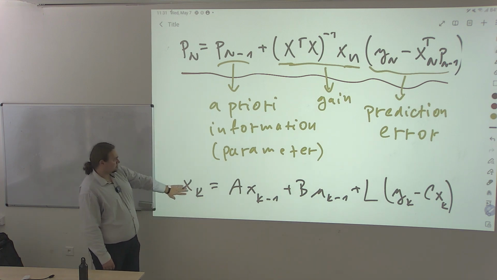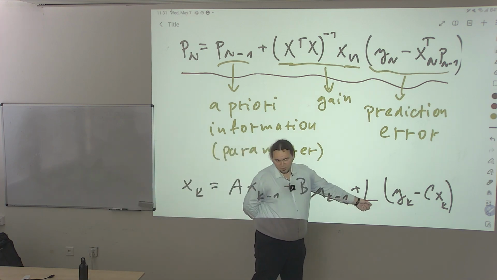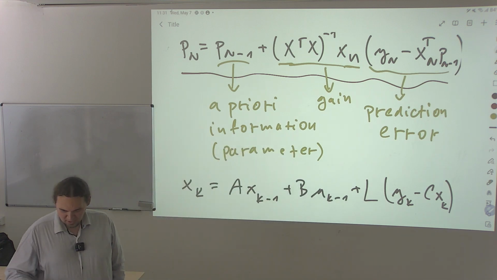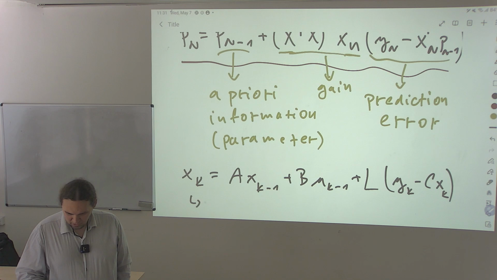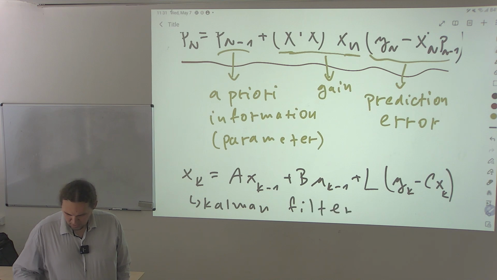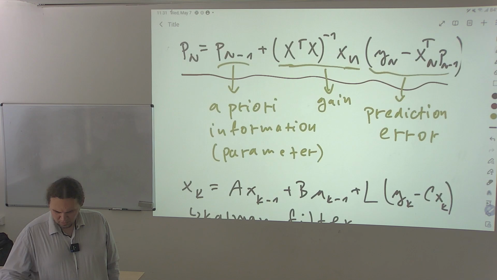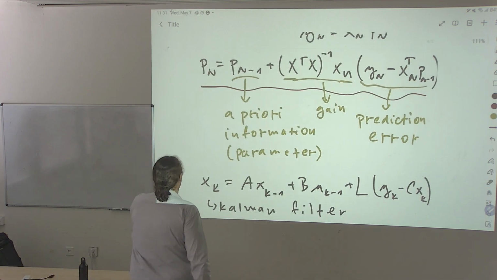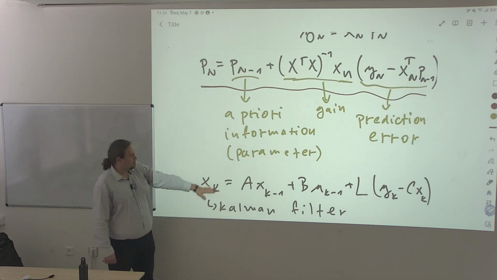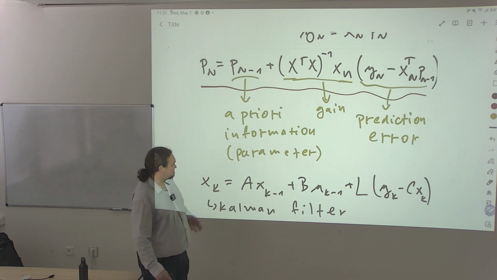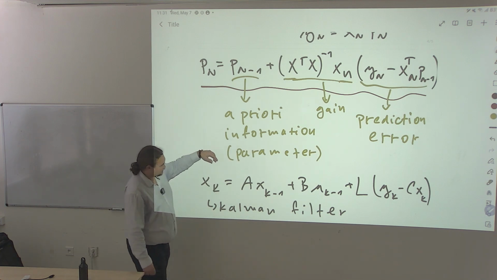This is nothing else. If we choose our gain, for example, there is the Kalman gain, then this will become a Kalman filter, where it's not estimating the parameter, it is just directly estimating the states of a dynamic system, but still the idea remains the same.